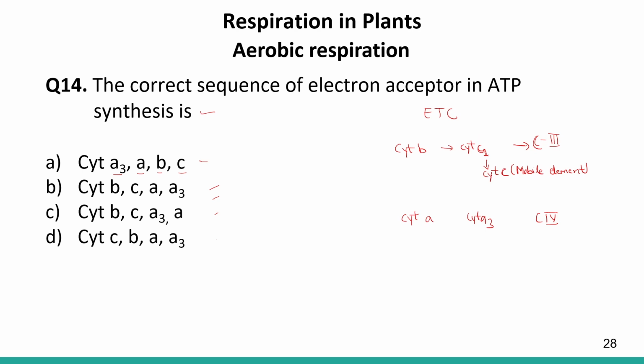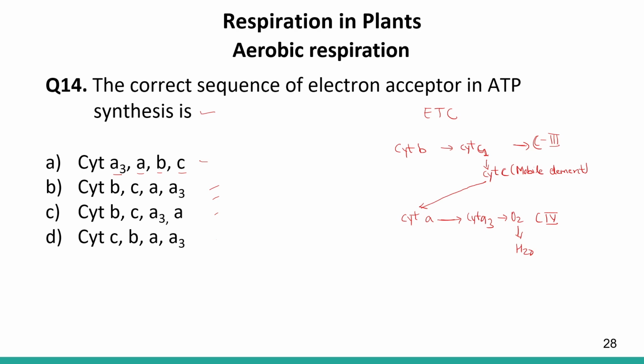So cytochrome C will transfer electrons to cytochrome A, and then cytochrome A will transfer electrons to cytochrome A3, which will transfer electrons to molecular oxygen, resulting in the formation of water.